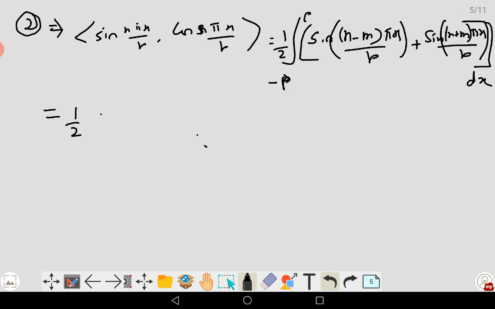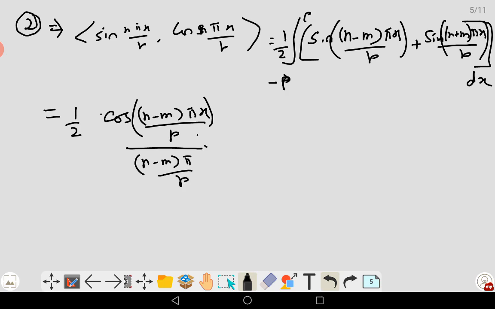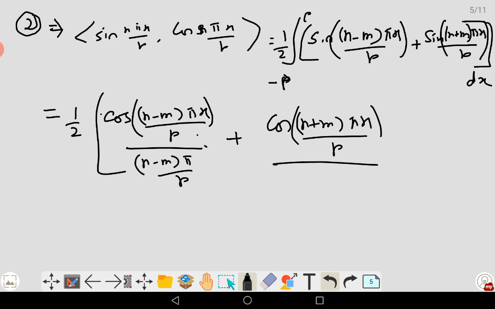When you integrate the sin term, you will get minus cosine (n minus m) pi x over p divided by the constant (n minus m) pi over p, plus again minus cosine (n plus m) pi x over p divided by the constant (n plus m) pi over p.